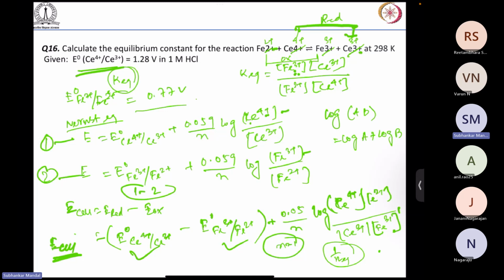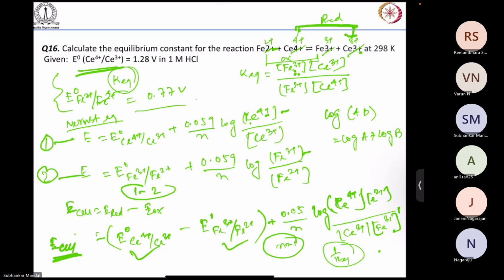Sometimes, for some standard values like Fe3+/Fe2+, in the question they will not give, because people are expected to know it.